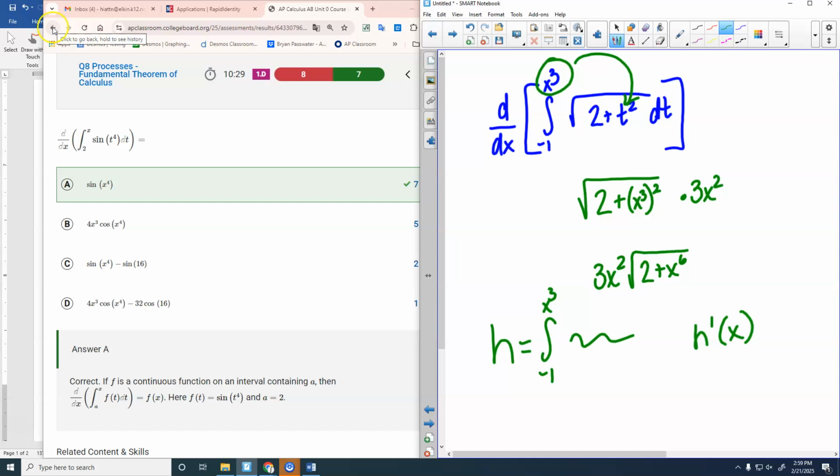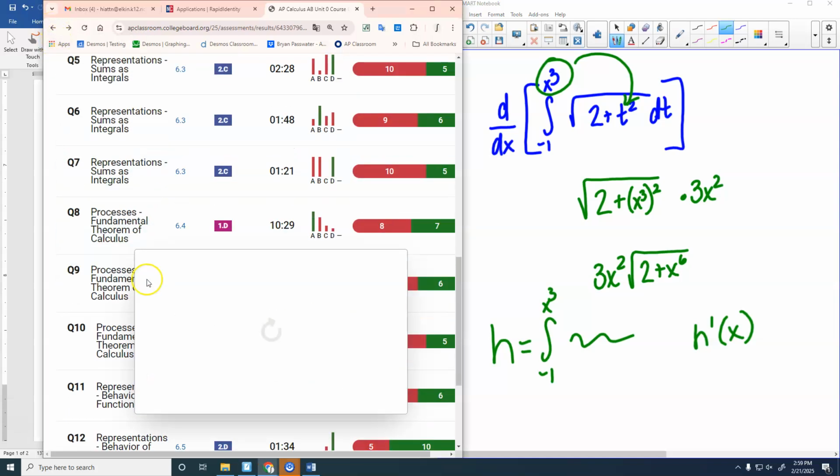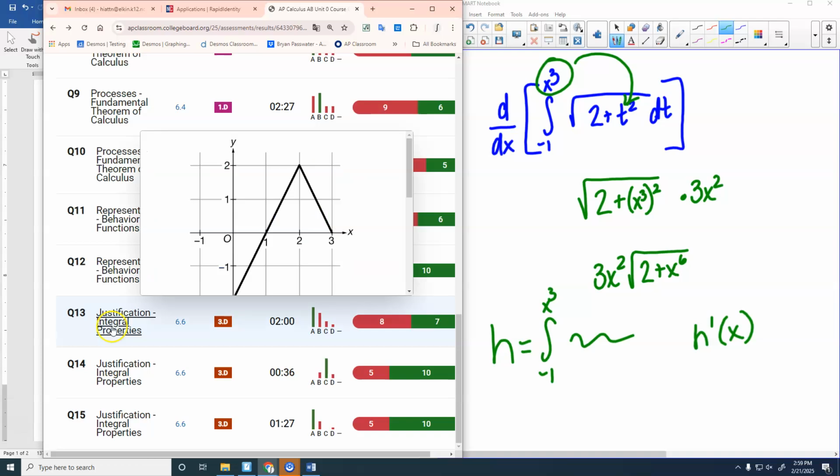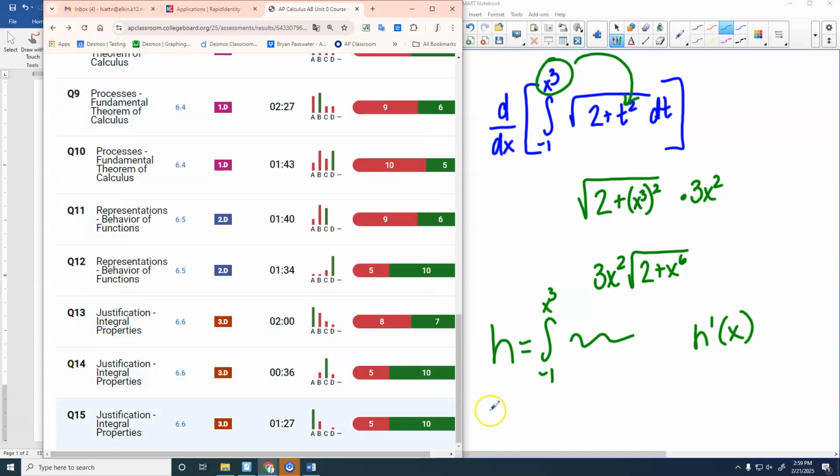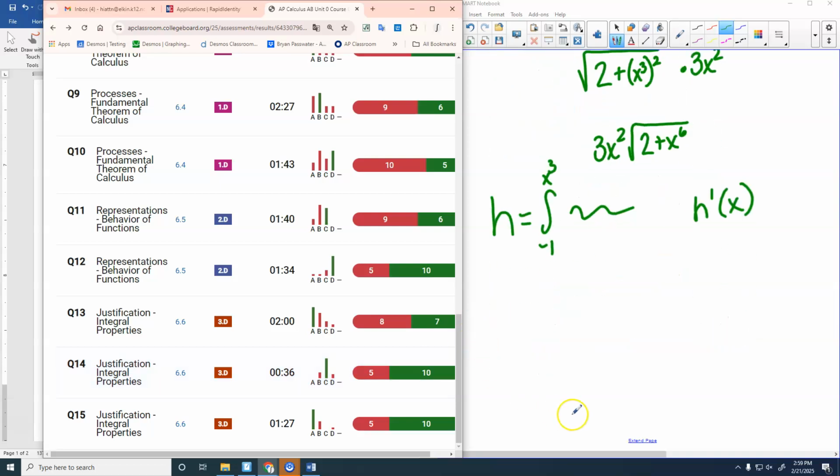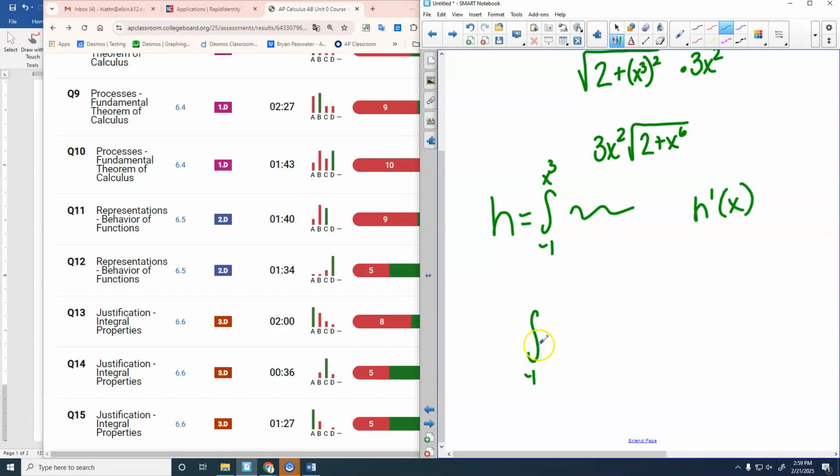Now don't think you're not going to actually integrate. If you saw a problem that was the integral from -1 to 3 of 2x plus 1 dx, this is asking you to integrate.